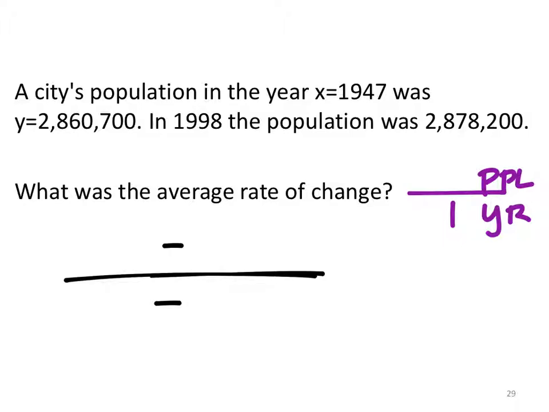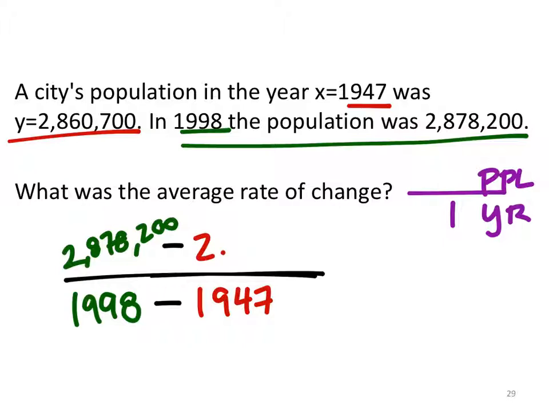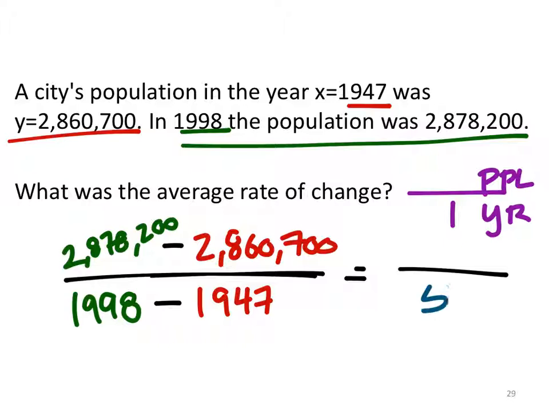So starting with 1998, there was a population of, a lot of population. Sorry, I didn't have enough space for that full number. And then in 1947, the year, there was 2,860,700. So we are subtracting these, and this will tell us the population change over, looks like 51 years.